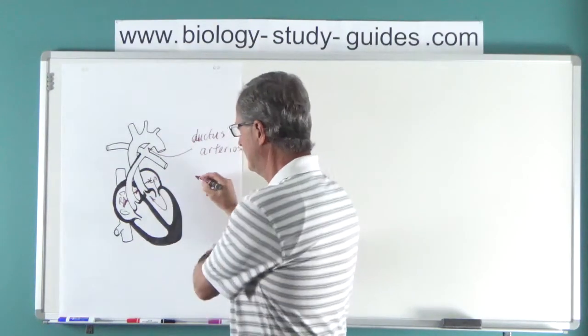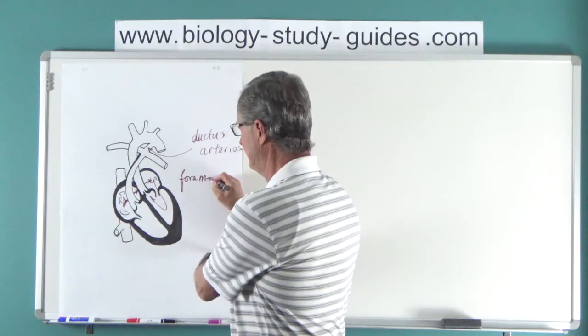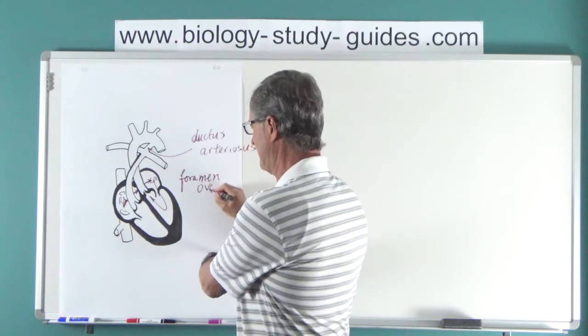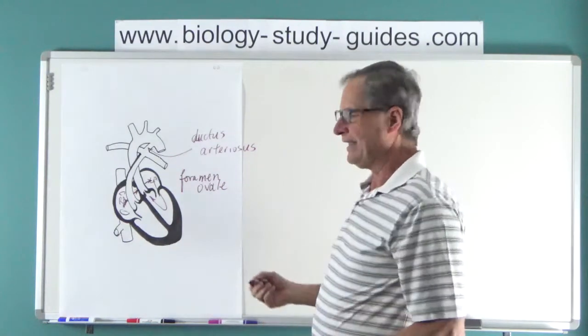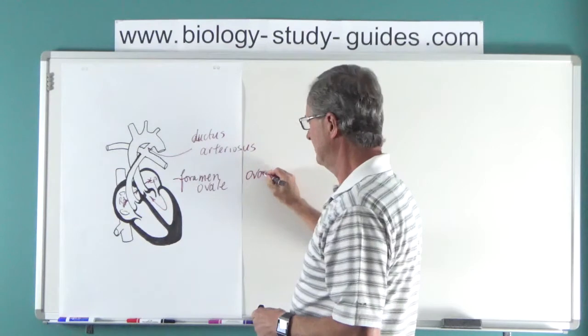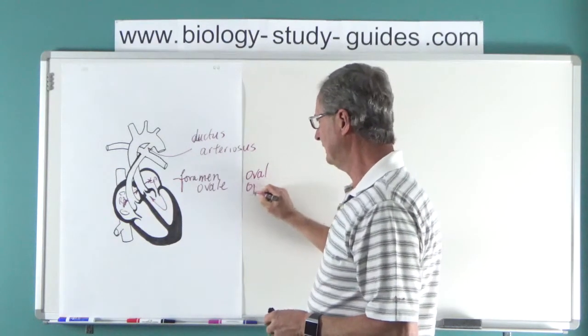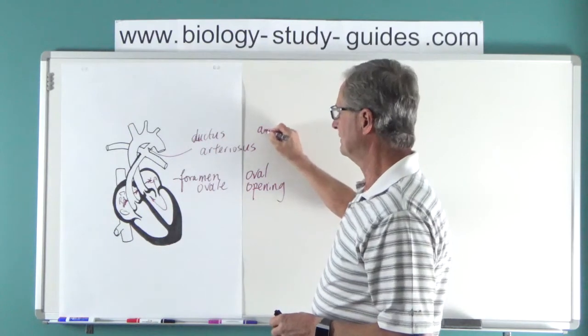This valve is called the foramen ovale. Latin names. We can call it the oval opening and the arterial duct.